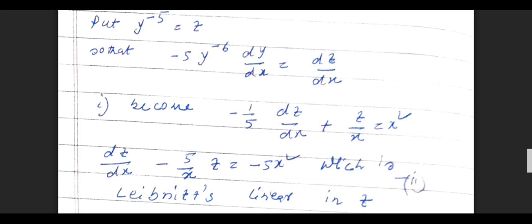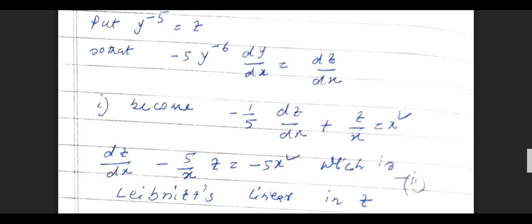dz by dx plus z by x log z equal to z by x into log z whole square.